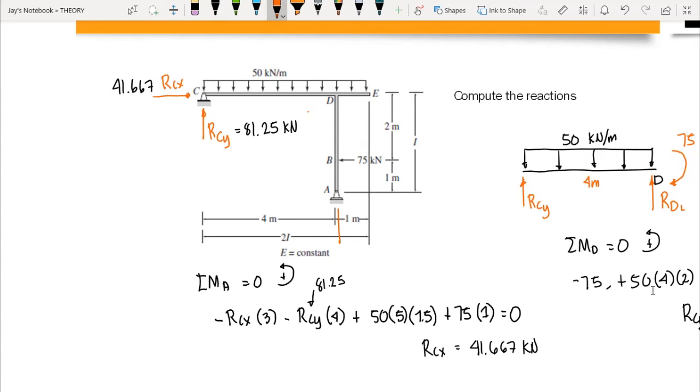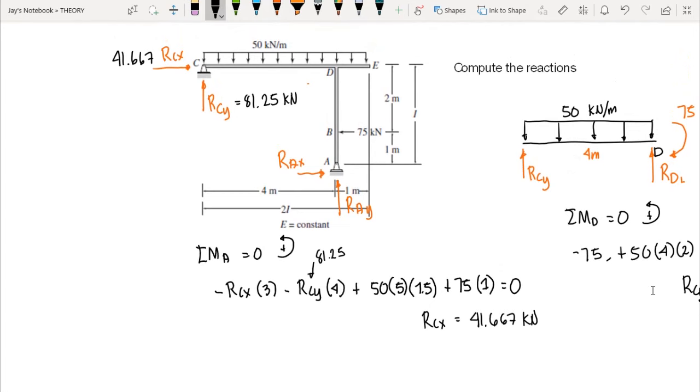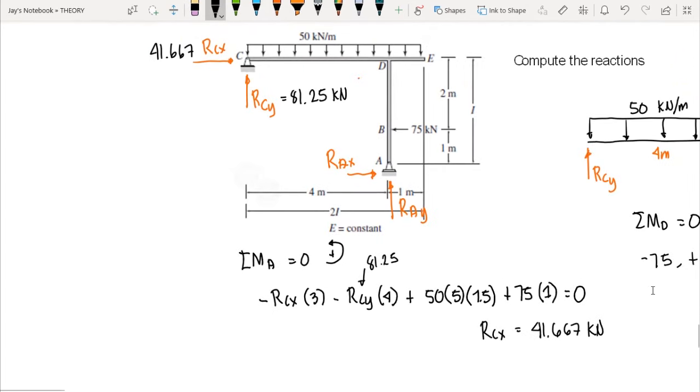So we have now RCX here, which is 41.667. And the remaining unknowns here are RAY and RAX. So we can compute RAY here by just summing up vertical forces. So we have summation of vertical forces equal to 0. Upward forces are positive.